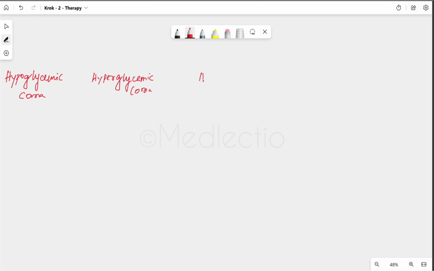Then we have hyperosmolar coma, and the last one is lactacidotic coma. So how can we differentiate between these four comas?